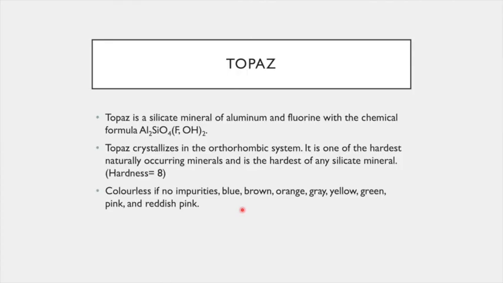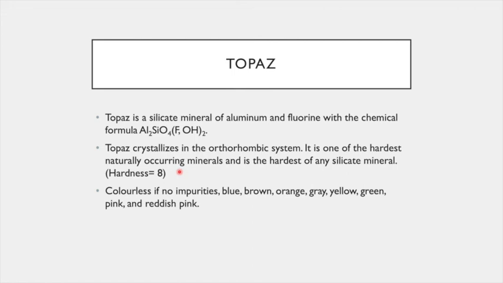This is a bit about topaz. Topaz is a silicate mineral of aluminium and fluorine with a chemical formula of aluminium silicate with a hydroxyl group attached to it. Topaz crystallizes in the orthorhombic system. It is one of the hardest naturally occurring minerals and is the hardest of any silicate mineral.